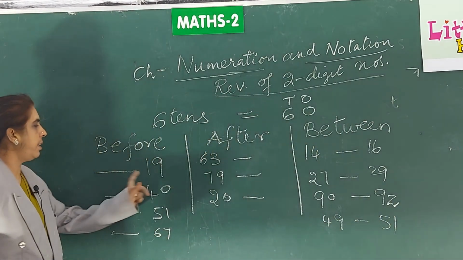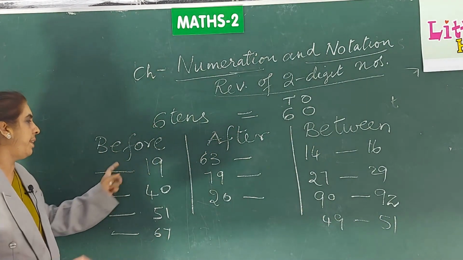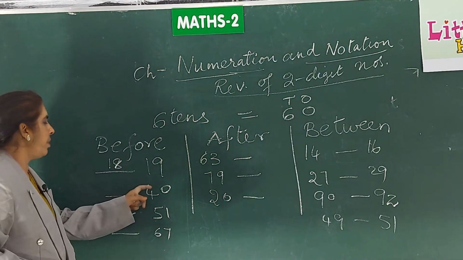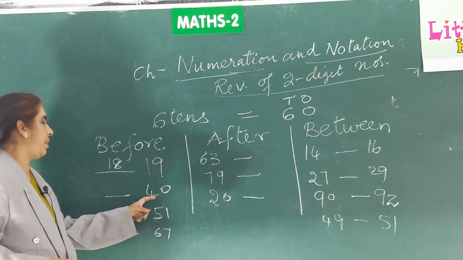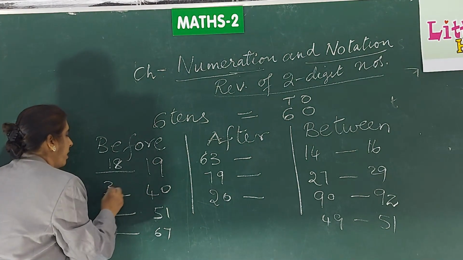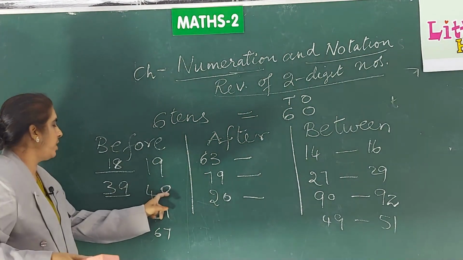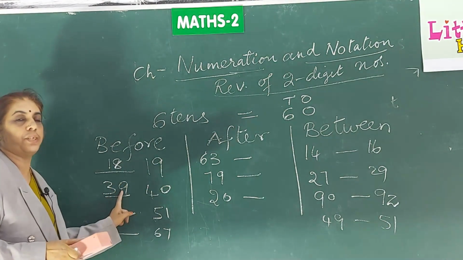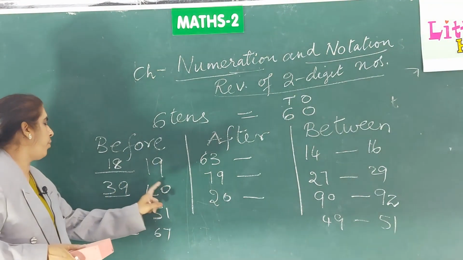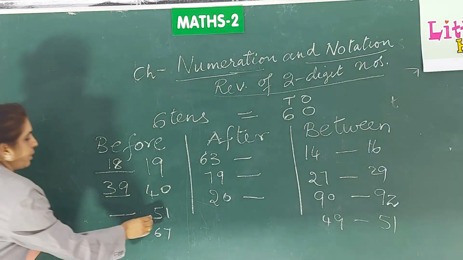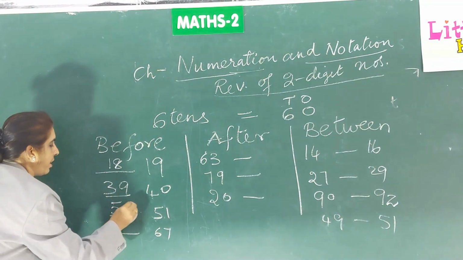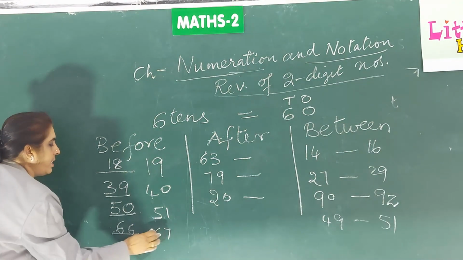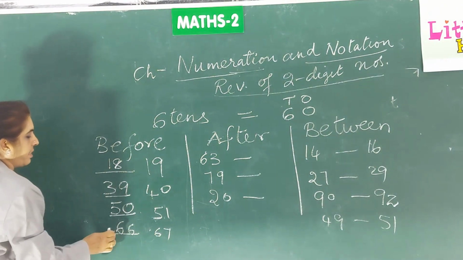The number that comes before 19 is 18. And the number that comes before 40 is 39. When there is 0 in the ones place, you have to write the before number of this and write 9 in the place of 0. 40, the before number is 39. 51, 50. 67, 66. Just one step backward of 67 is 66.